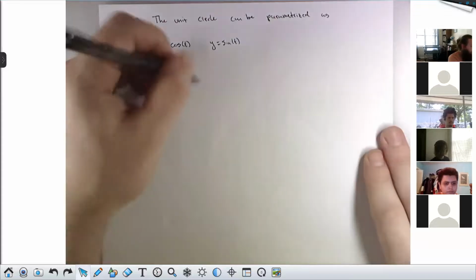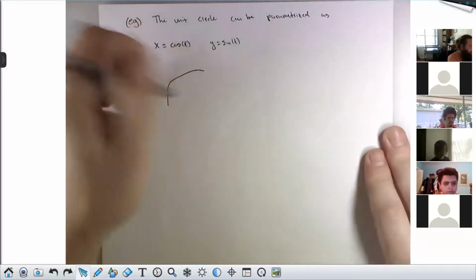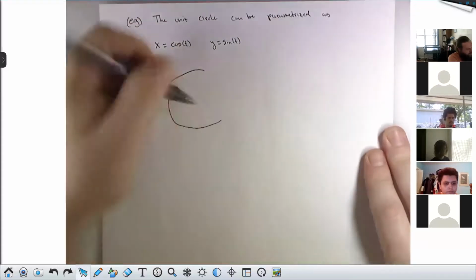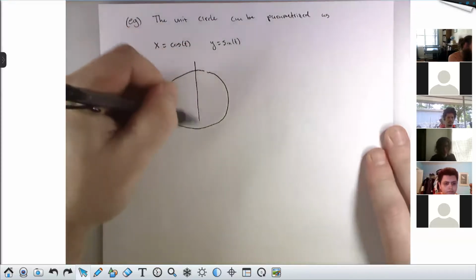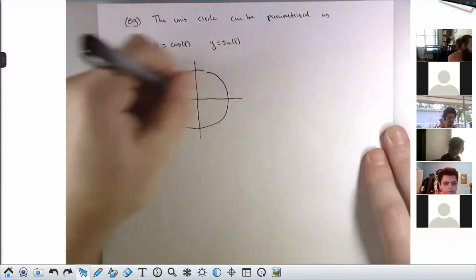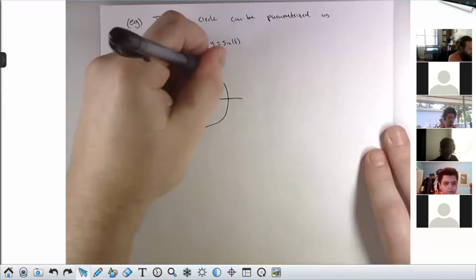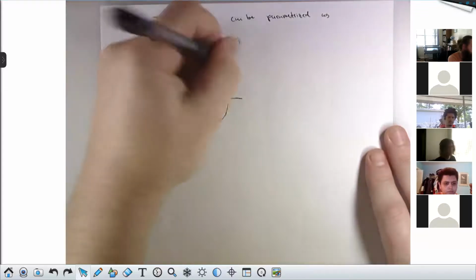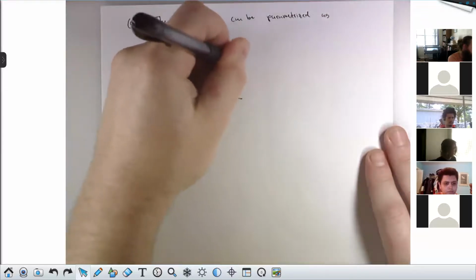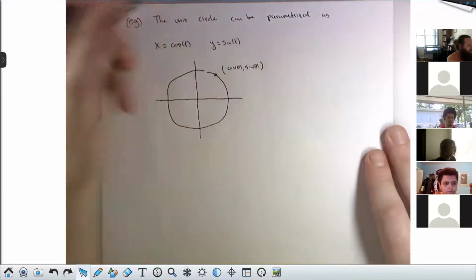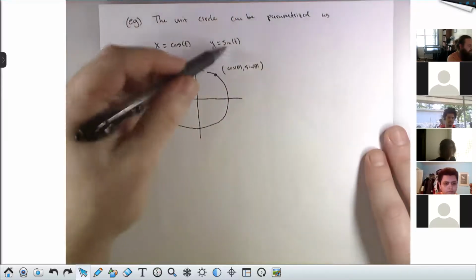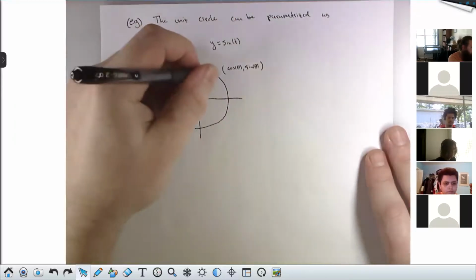Why? Well, what is the unit circle? Remember how the trig functions are defined. Any point here is of the form cos theta comma sine theta. So your x's are cosines and your y's are sines.